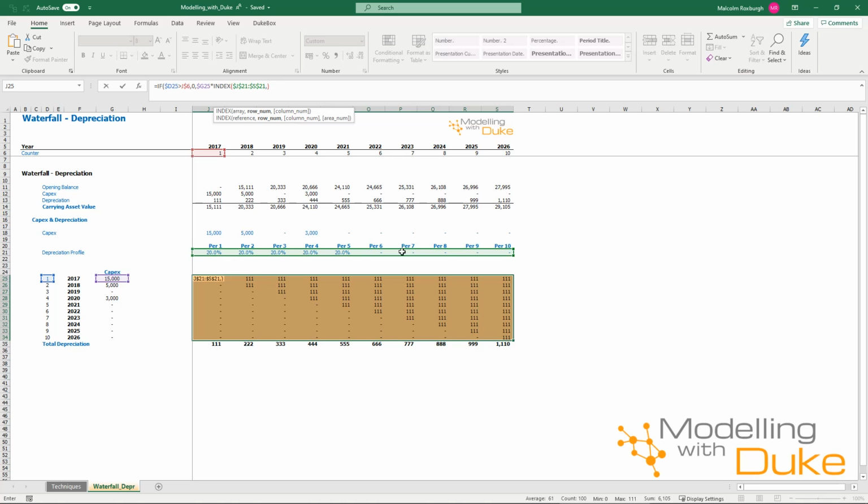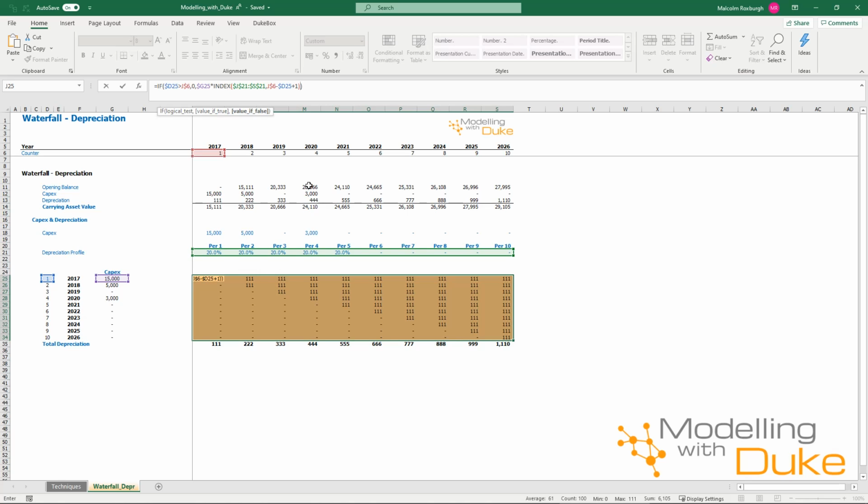So to pick up the right percentage, I need to do the top counter minus the side counter. Now in this case that would be 1 minus 1, which gives 0. So I need to add 1 to get back to 1. So you can imagine as that moves across, we're going to be doing 2 minus 1 is 1, plus 1 is 2, and that's going to give me the second answer.